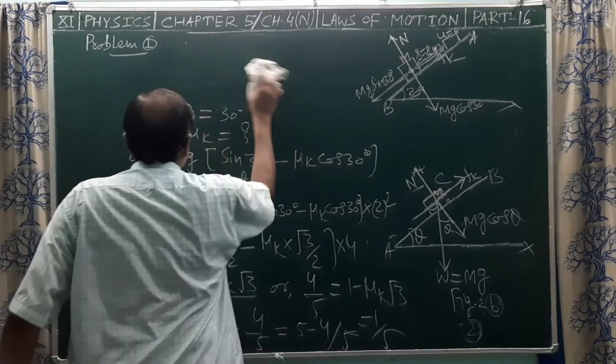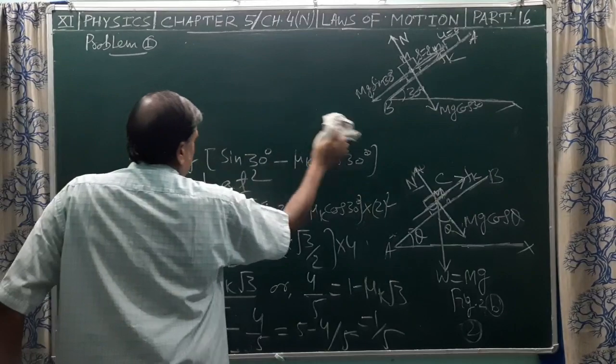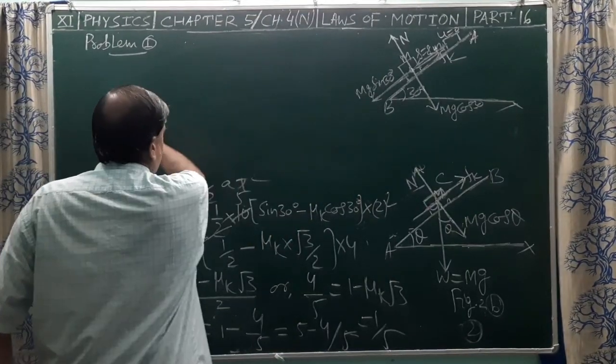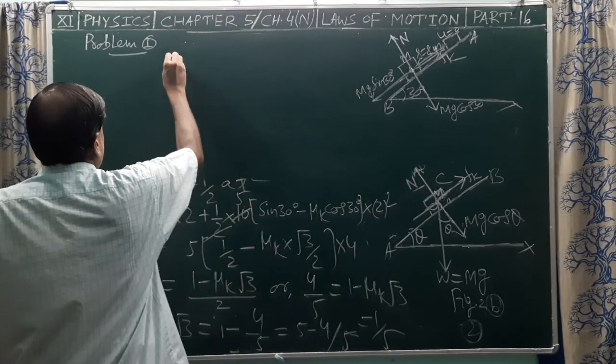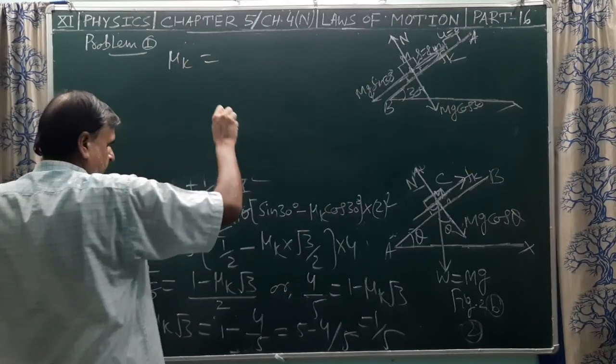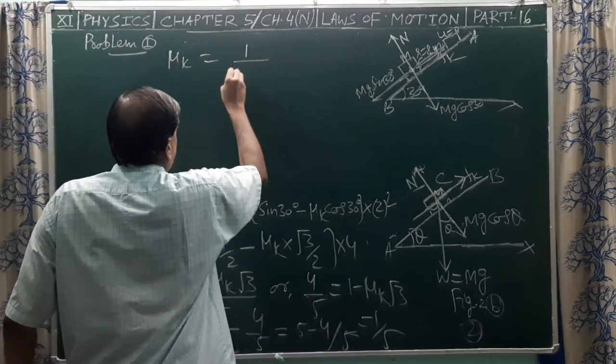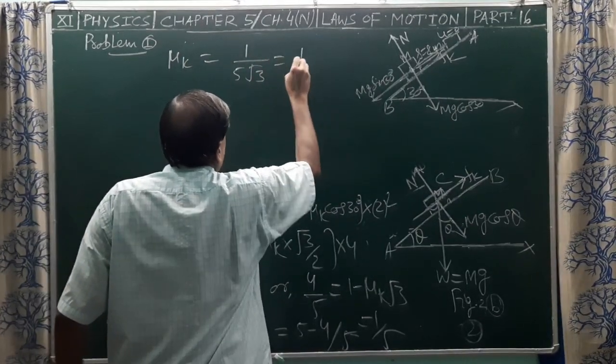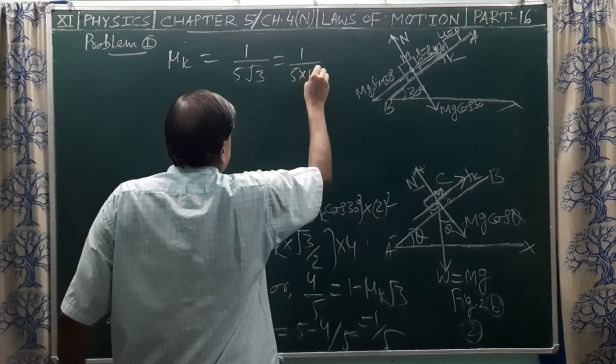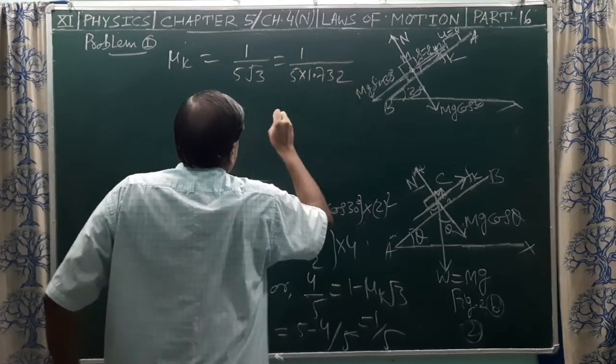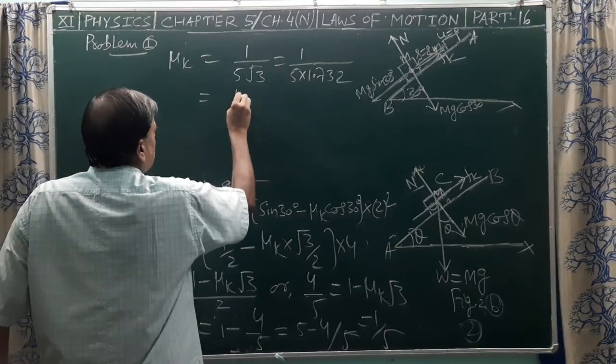Therefore the coefficient of kinetic friction between two surfaces, mu k, we can obtain as mu k equals to 1 by 5 upon root 3, that is 1 by 5, and root 3 is 1.732. Now it is 1000 in the numerator.